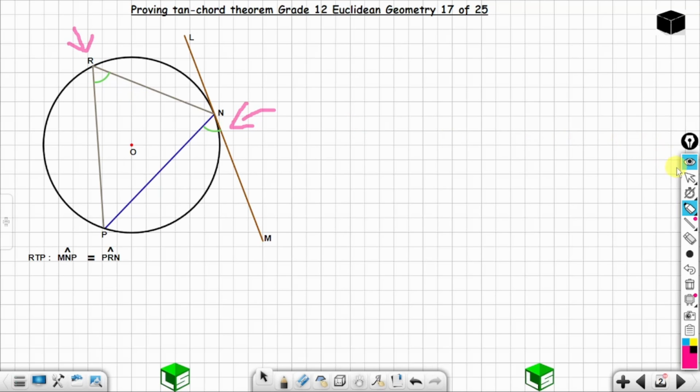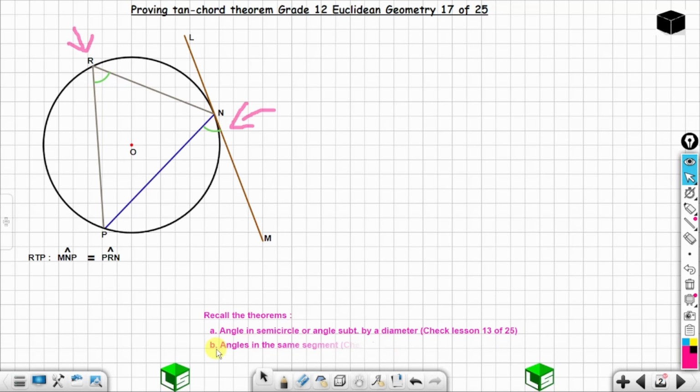So you have a tangent. How can you create a 90-degree angle? Remember the tangent radius theorem. You need to recall these theorems. You have the theorem angle in a semicircle, or angle subtended by a diameter; please check lesson 13 of 25.